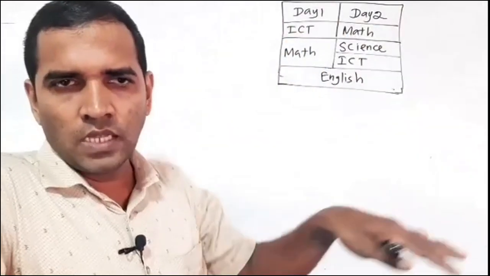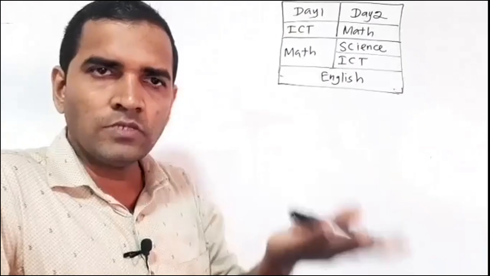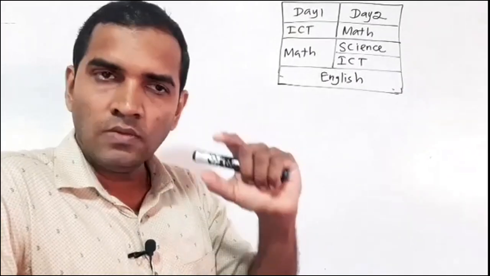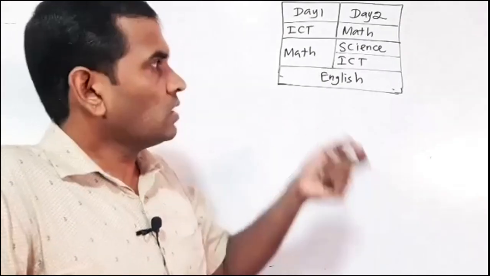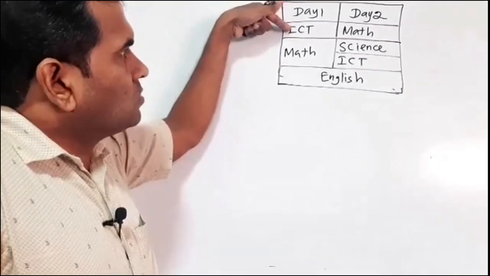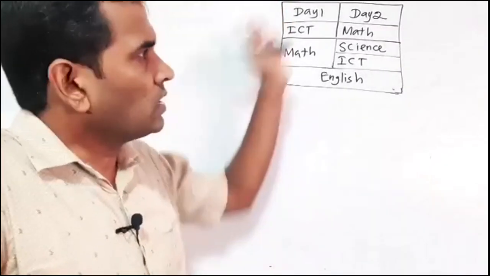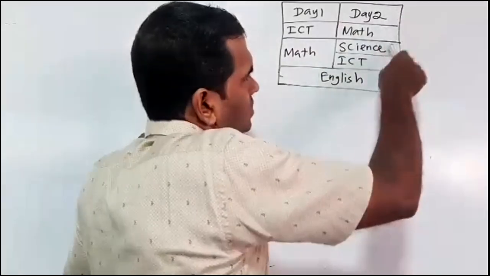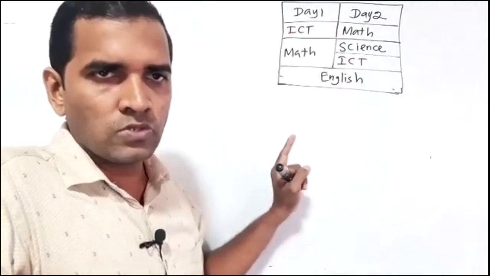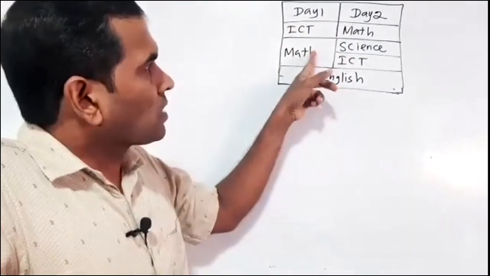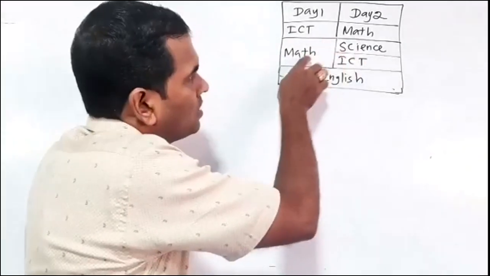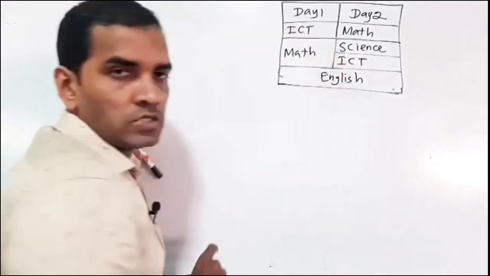Check the right side and the left side, because maybe on one side cells may be merged. When some cells are merged, you cannot get the number of rows exactly. If you check the left side, it seems to be 1, 2, 3, 4. But look at the right side: 1, 2, 3, 4, 5. Here 2 cells are there, but they are merged.